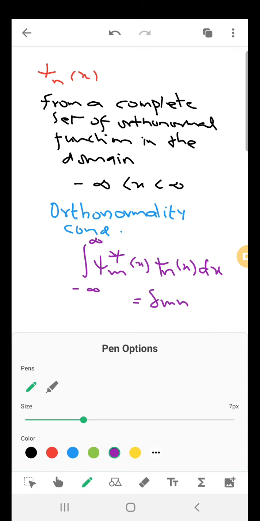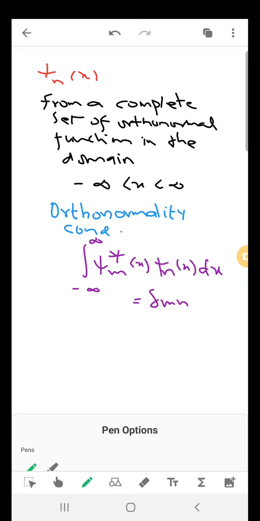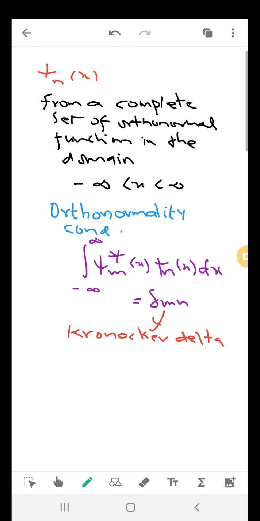This delta mn is called the canonical delta, and it is equal to 1 for m is equal to n, and equal to 0 for m not equal to n.